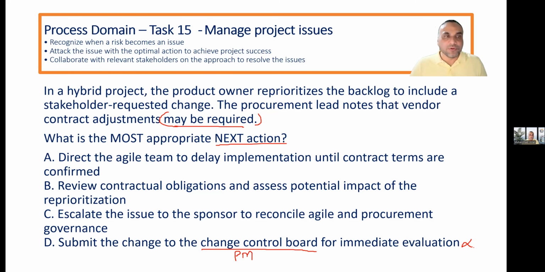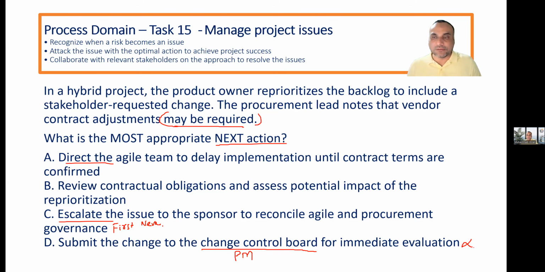This will never be your first step. Never the first, because you need to discuss those things internally. You cannot direct the team to delay implementation until contract terms are confirmed.